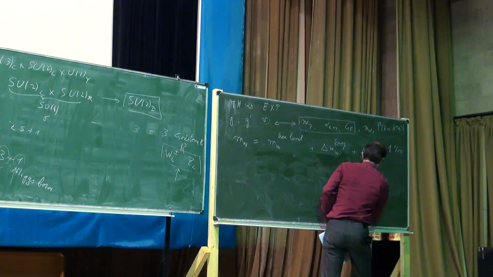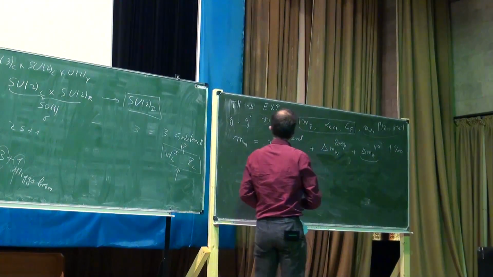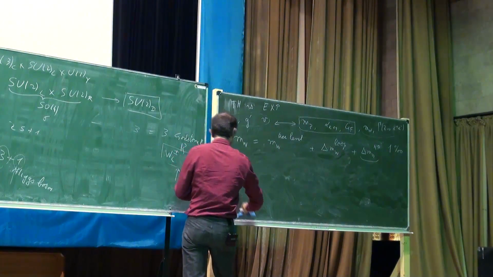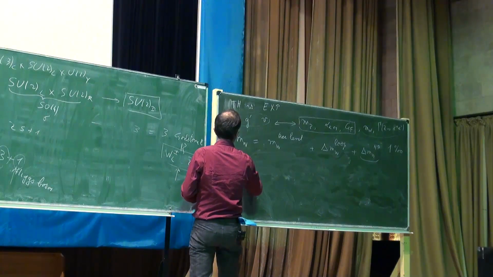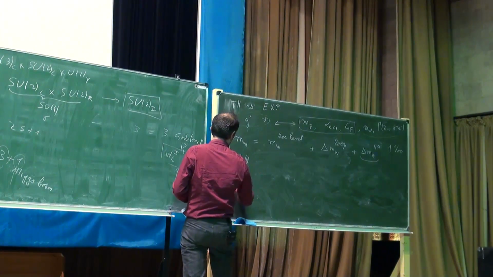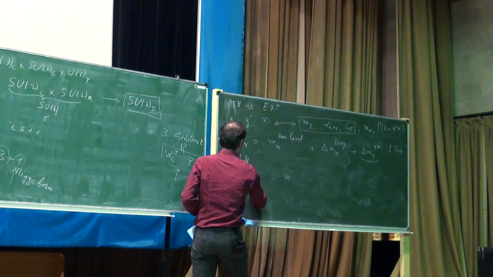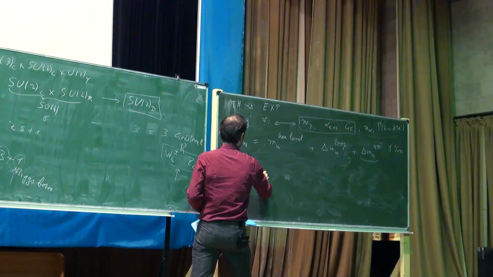So I won't give you all the details, but typically, you have three of those variables. So there is MW, there is sine squared theta effective, and there is also, people usually use the decay width of the Z into charged electron, plus and minus.